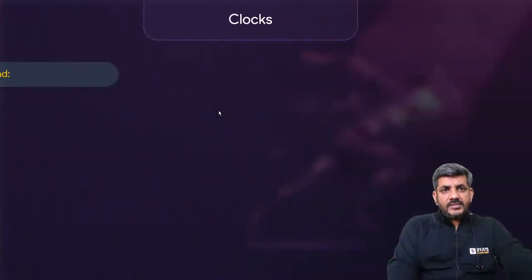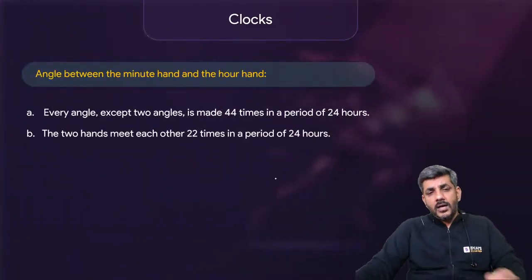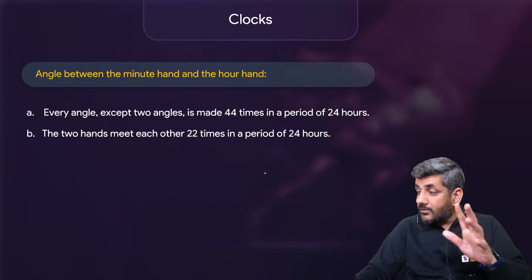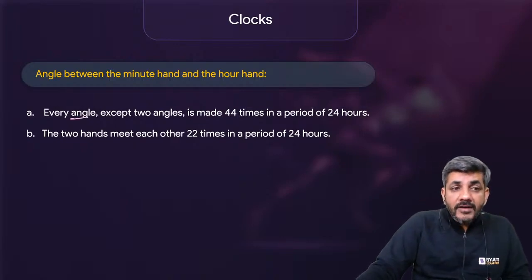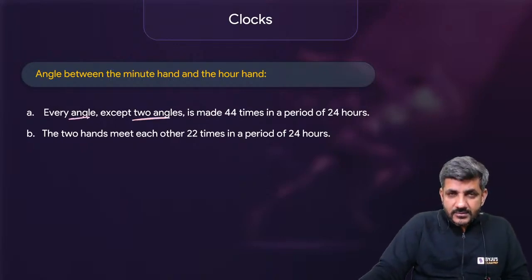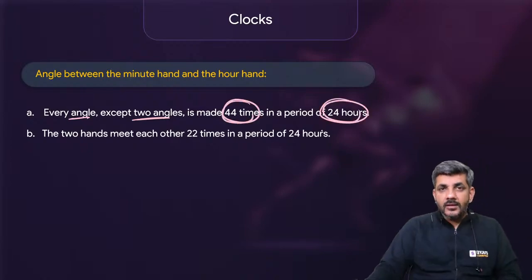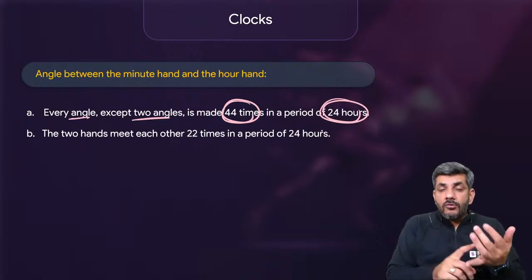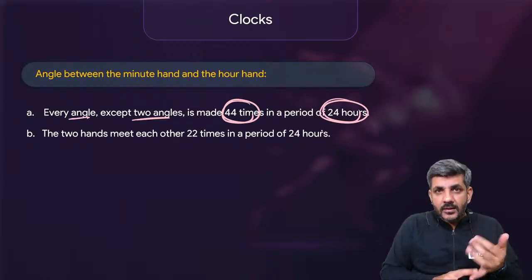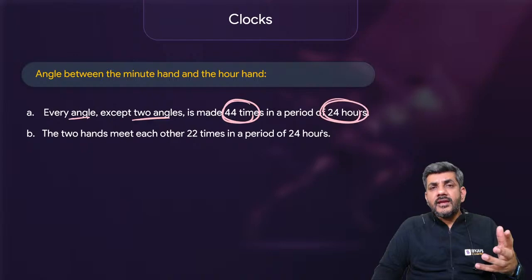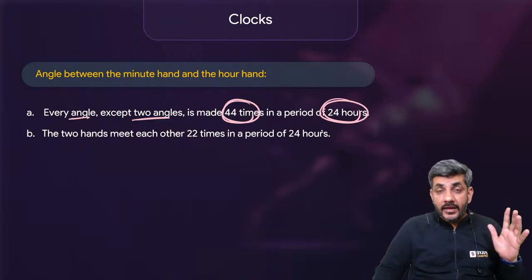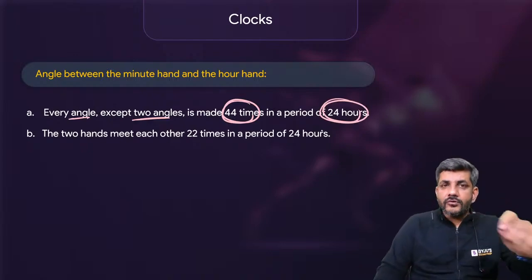Now, next is about clocks. How many times do we have a particular angle? Every angle except two angles is made 44 times in a period of 24 hours. When I talk about the hour hand and minute hand, how many times would they be at an angle of 60 degrees in a day? 44 times.